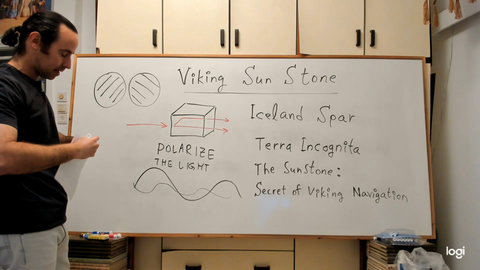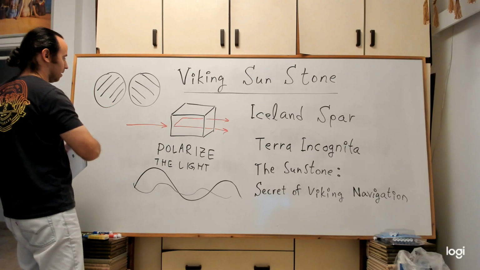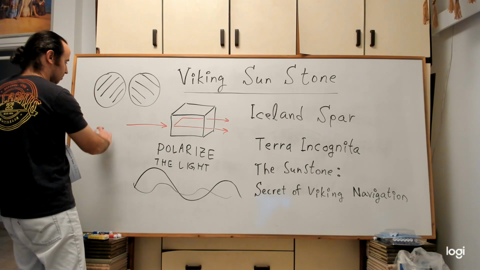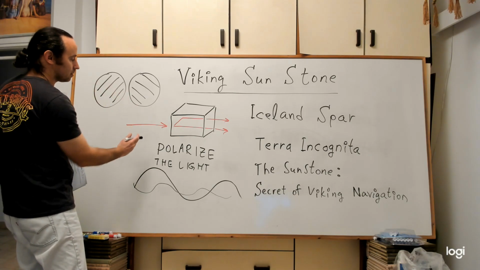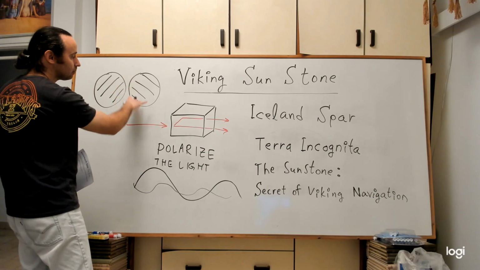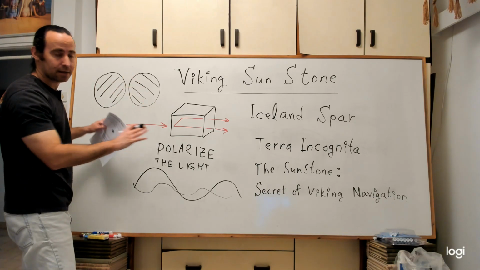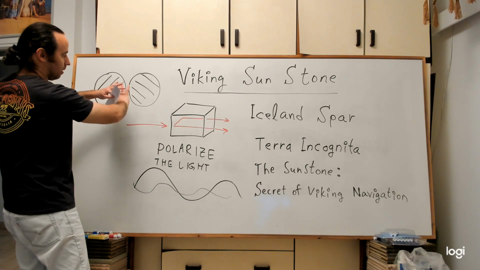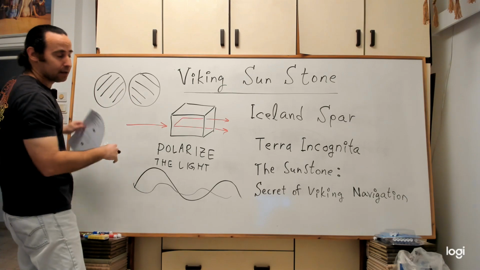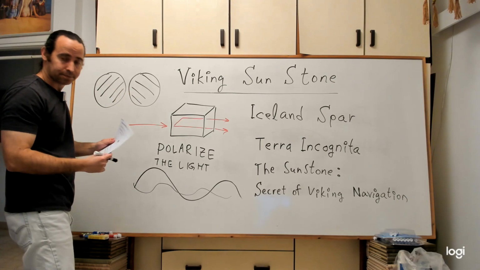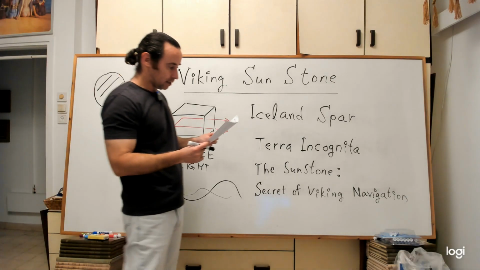It's like this one blocks the light that goes from left to right, this one blocks the light that goes from up to down, and together they block everything. If we put them one on each other and look through them, it blocks all the light. Okay, so I hope it's clear.